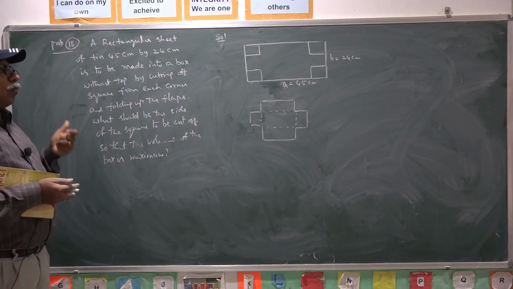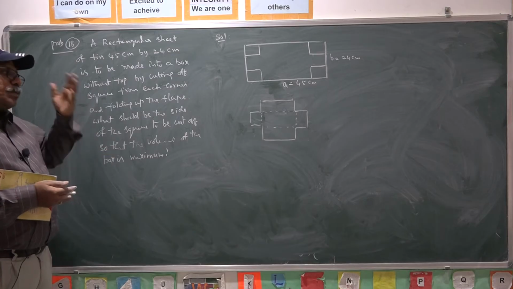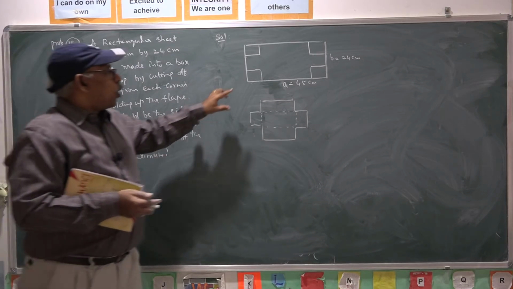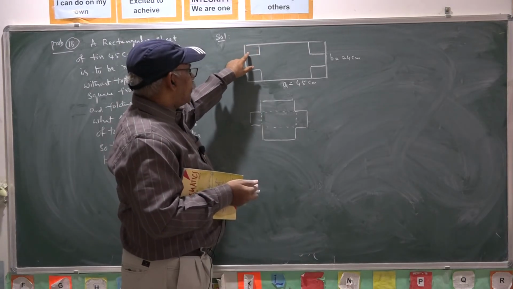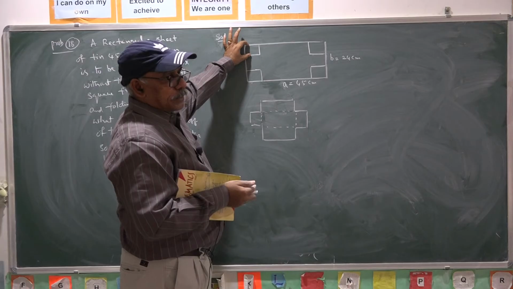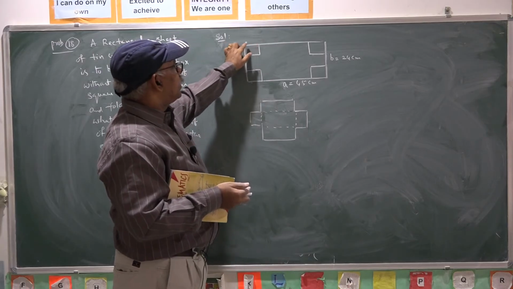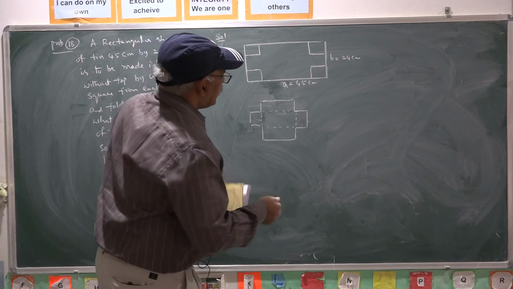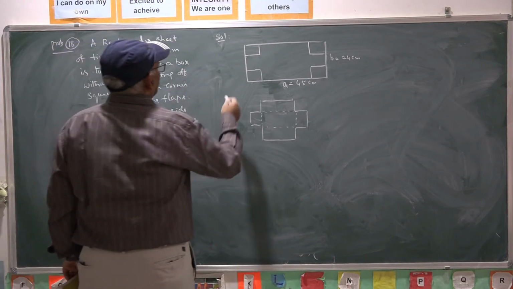So once the volume of the box is maximum, what is the side of this square piece cut off? That is the problem here.